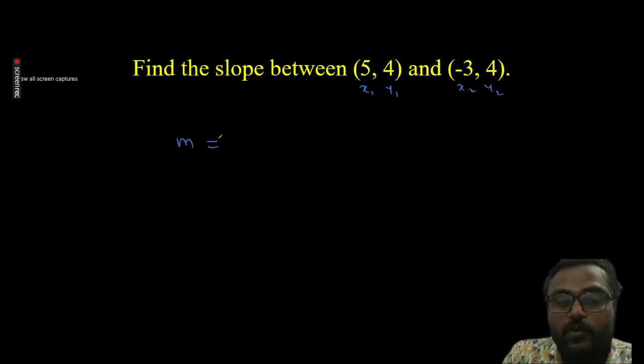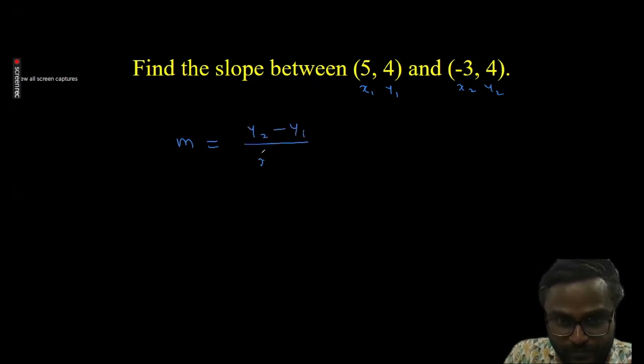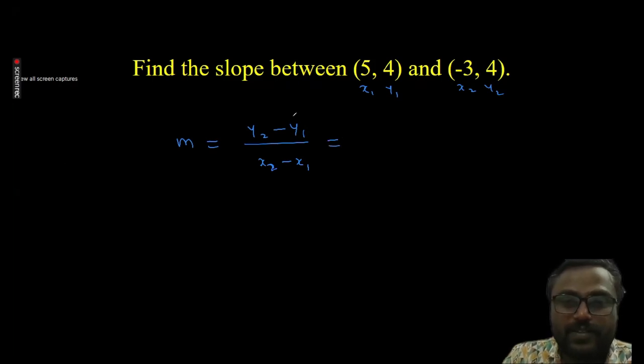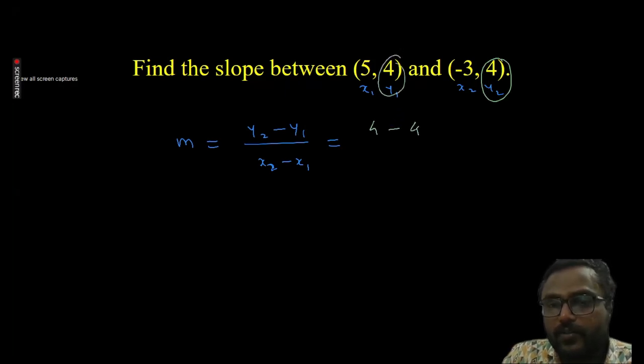If I remember the formula correctly, m equals y2 minus y1 over x2 minus x1. Just substitute the values correctly. y2 is 4 minus y1 is 4. x2 is negative 3 minus x1 is 5.